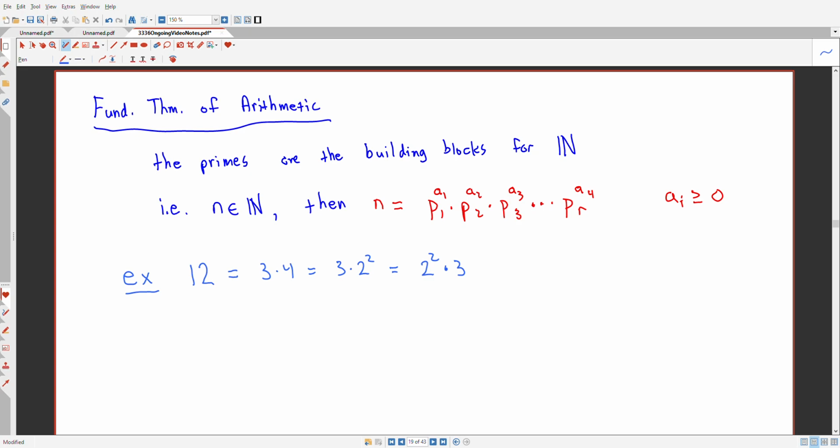The number, let's maybe try another one, 28. Oh, that's not that interesting of one. Maybe 24. This will be 2 cubed times 3 to the 1. So it has 3 2's and 1 3.